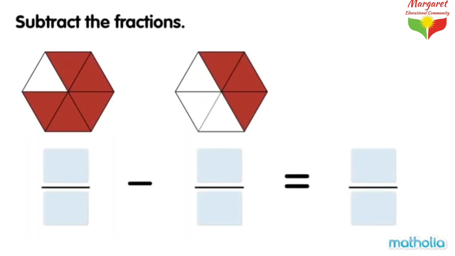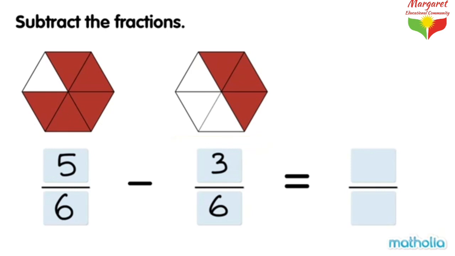Subtract the fractions. This shape is divided into 6 equal parts. 5 parts are shaded. 5/6 of the shape is shaded. This shape is also divided into 6 equal parts. 3 of the parts are shaded. 3/6 of the shape is shaded.